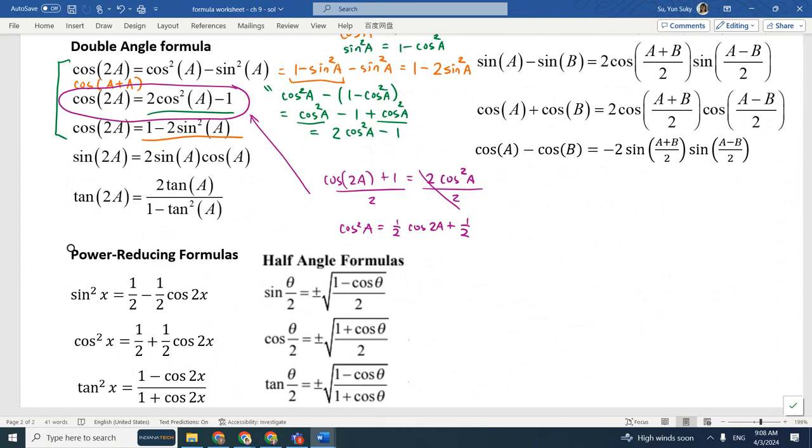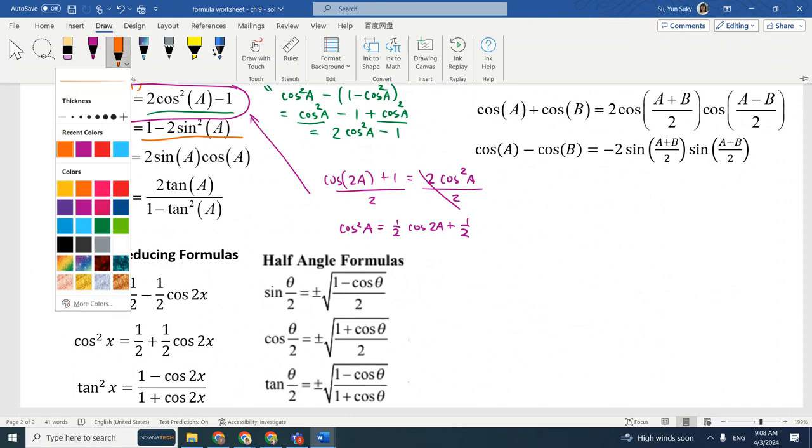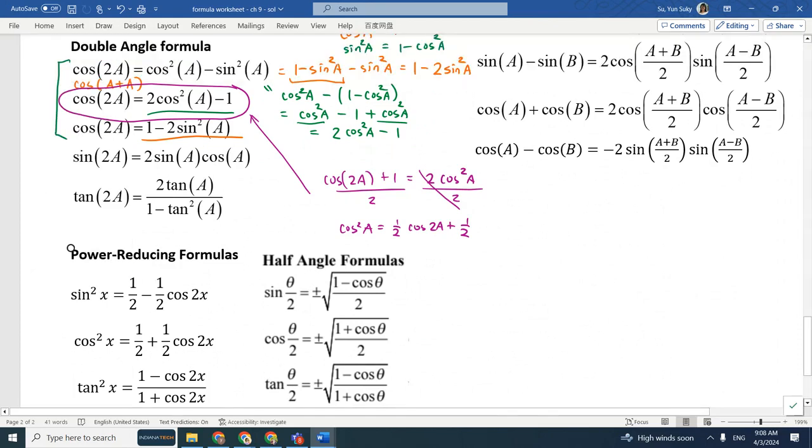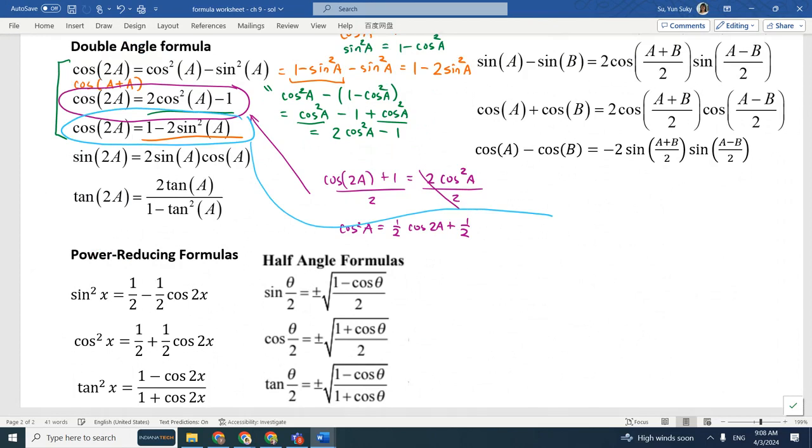How do we derive the sine square? You look at this formula. Okay, let me put it here. We want to solve for the sine square. How do we solve for the sine square? Subtract 1. So cosine 2a subtract 1 is the right hand side.